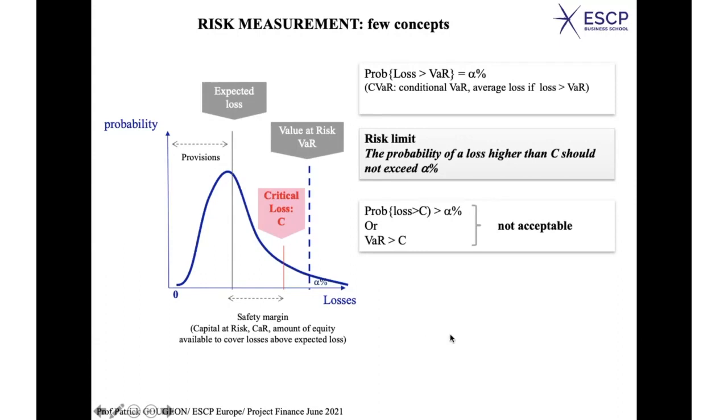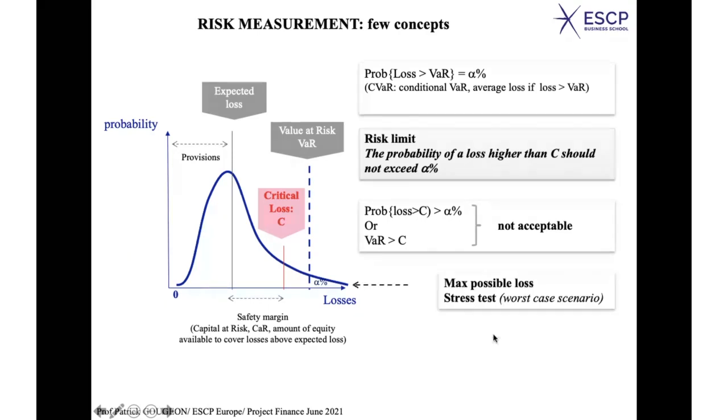The stress test is a kind of brainstorming exercise, to imagine the worst case scenario and try to see what the losses would be if the worst case scenario occurs. Then you try to estimate the maximum possible loss. Stress tests are regularly made by banks. It's part of the banking regulation.